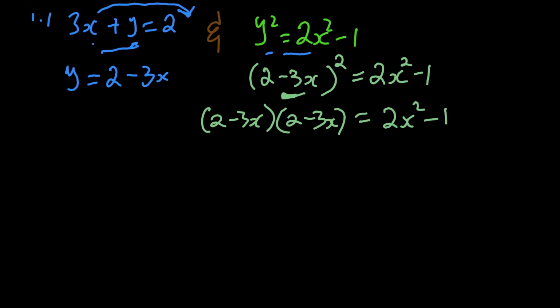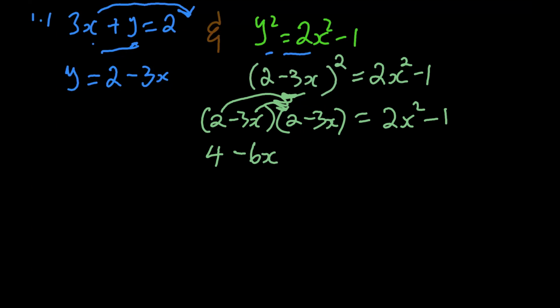So 2 times 2 will give you 4. Then minus 3x times 2 will give you minus 6x, because 3 times 2 is 6.